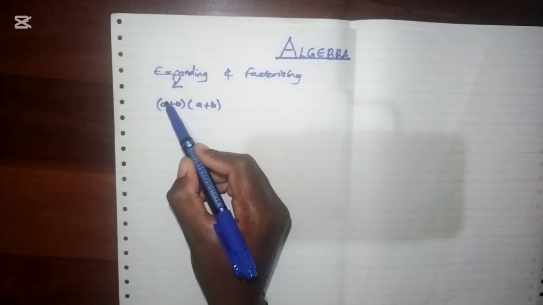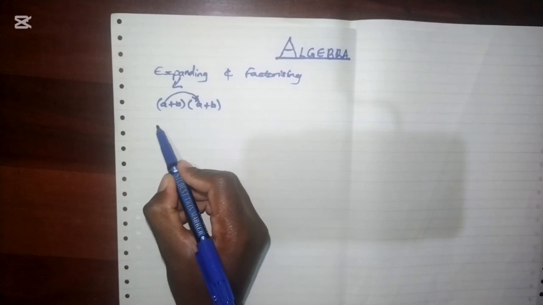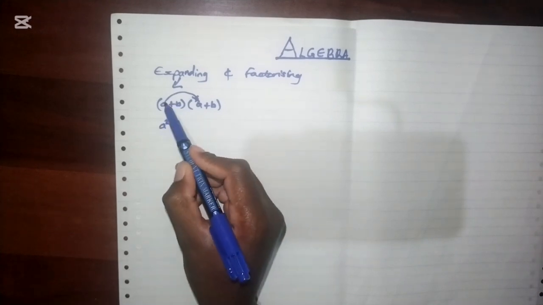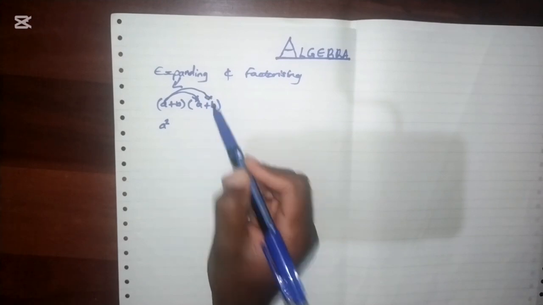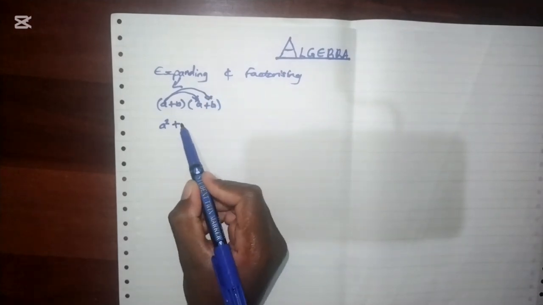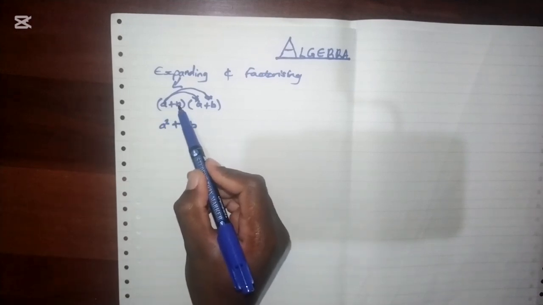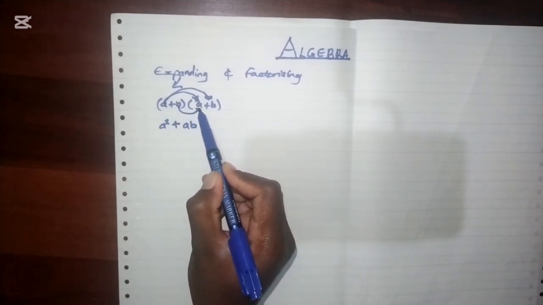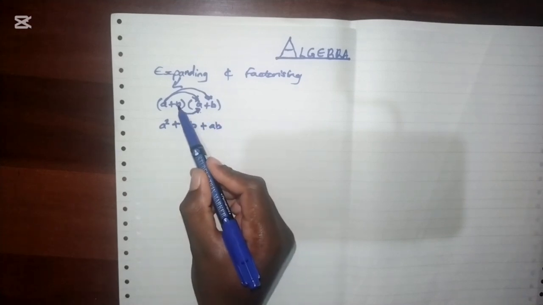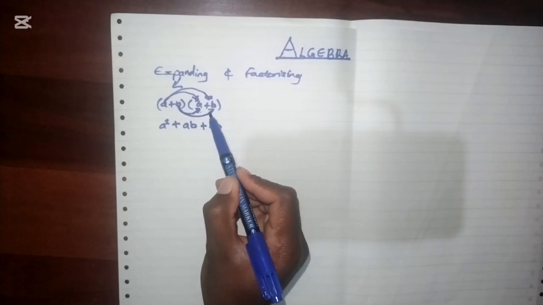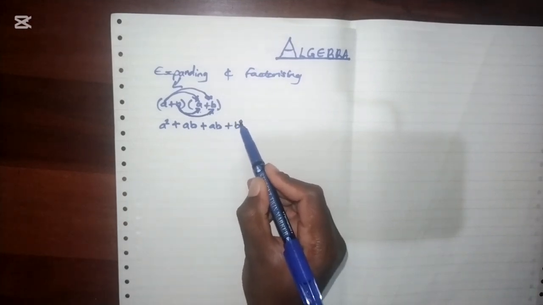So we take your a, multiply it with the a of that side, you get a squared. Then again take your a, multiply it with b, get plus ab, and then we take b, multiply it with a, get another plus ab, and then multiply again your b with the b of the other bracket, you get b squared.